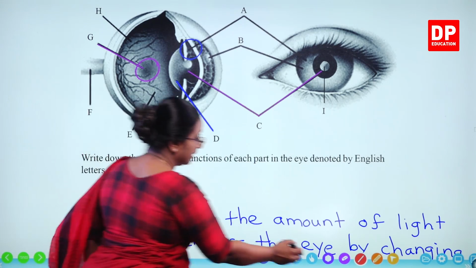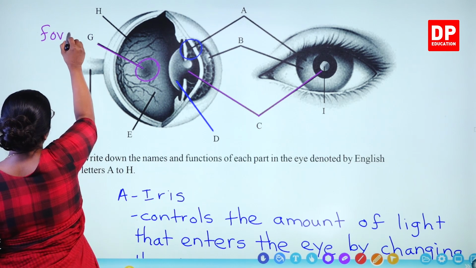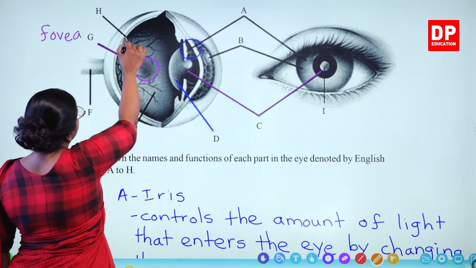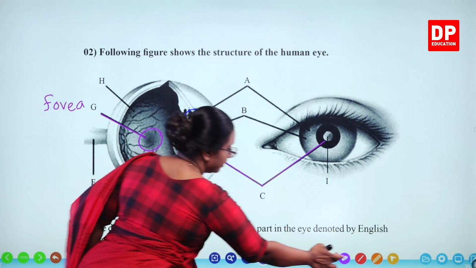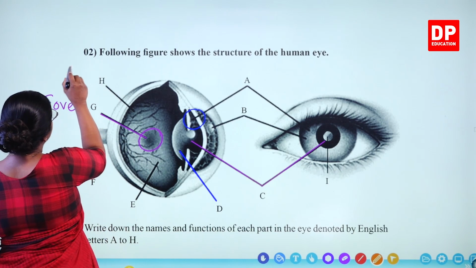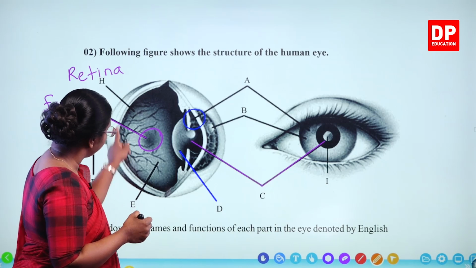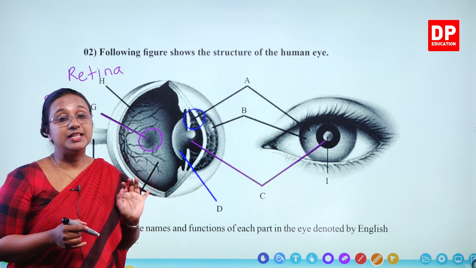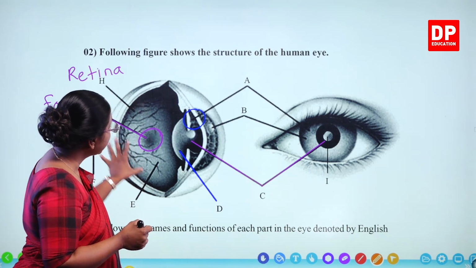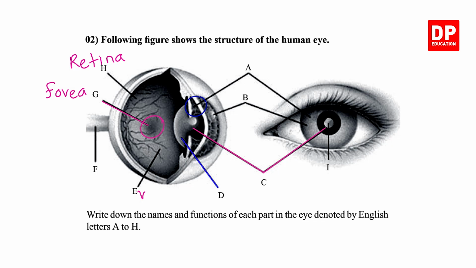So that has to be the fovea, the yellow spot. If we take H, H will be the retina. And therefore E points to this middle area. That has to be the vitreous humor, the gel-like substance between the lens and the retina. So E will be vitreous humor.